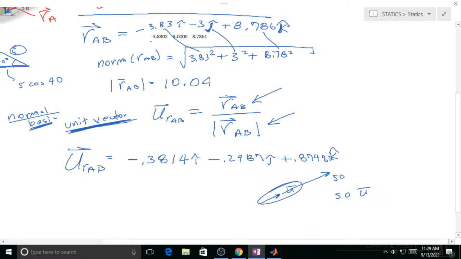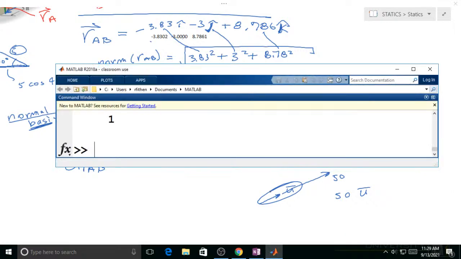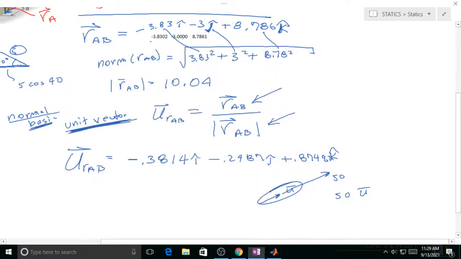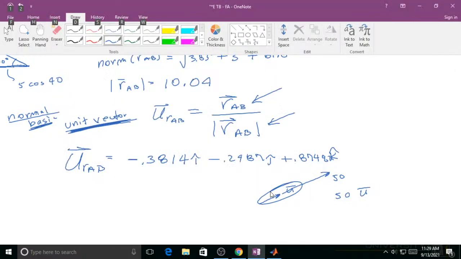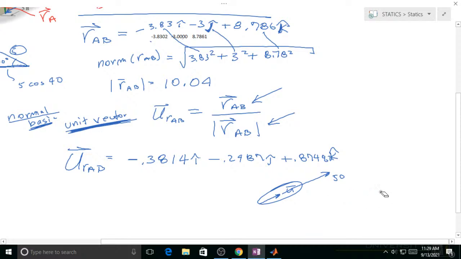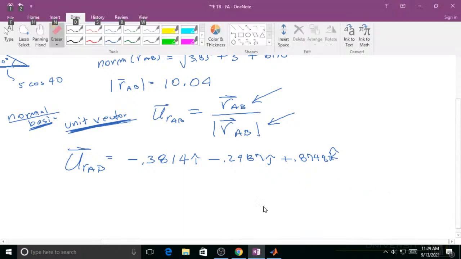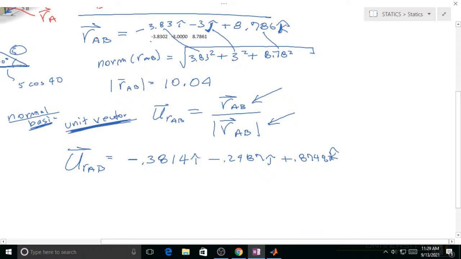There's nothing fancy here. Let me get rid of all this and get back here.